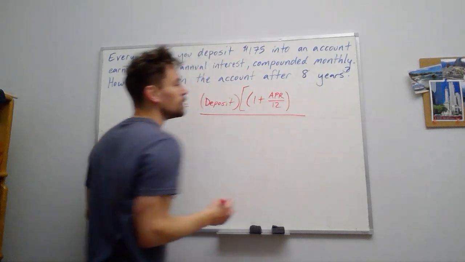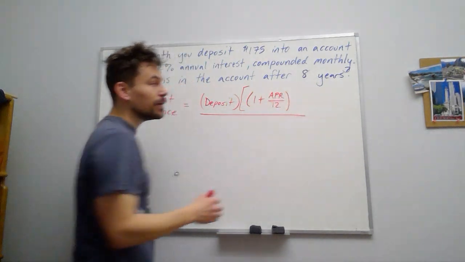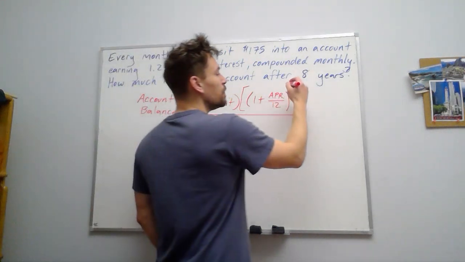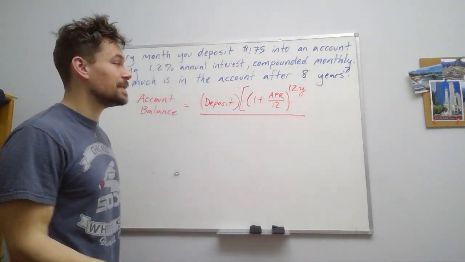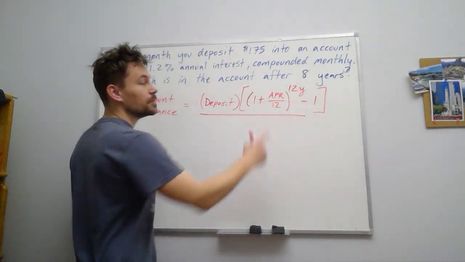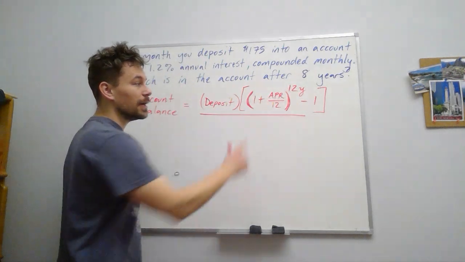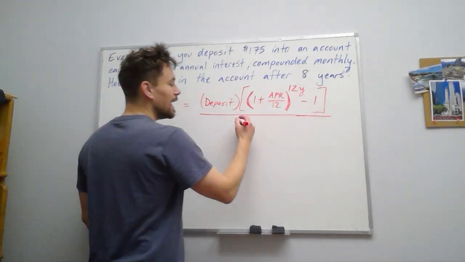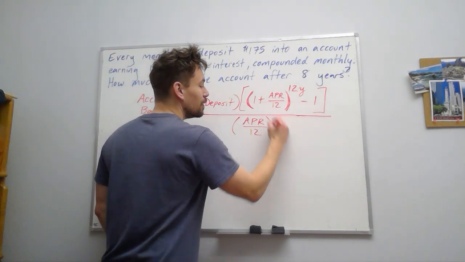Then this power is going to be the total number of compounds. So if we have a value in years, then we'll say 12 times y, where y is in years, minus 1, and that's all in the brackets. But it's important to note that the 12y is getting applied only to this portion. That's all in the top of the fraction, and then in the bottom of the fraction we have APR over 12 again.